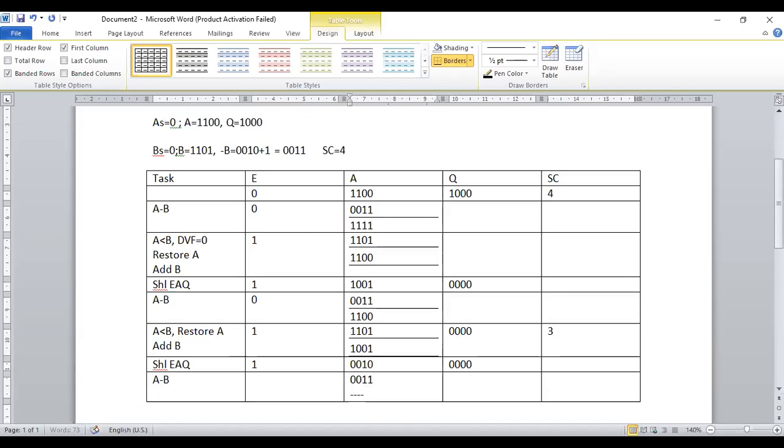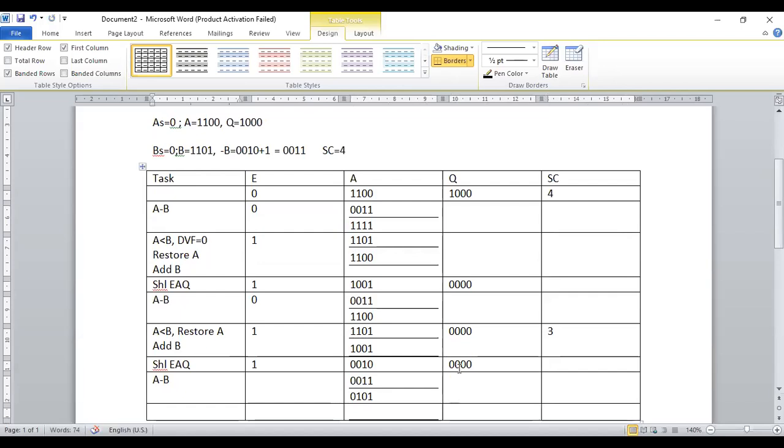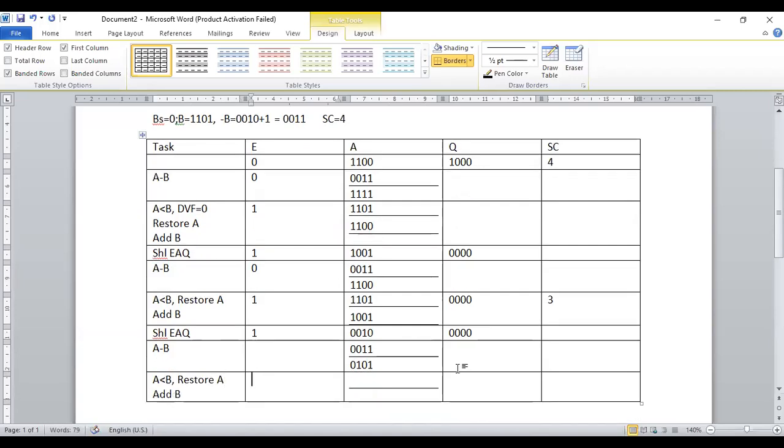After adding this, I'll be getting 0101. 3 plus 2 is 5. E is again 0 here. So E is 0 means A is less than B, so you have to restore A back by adding B.